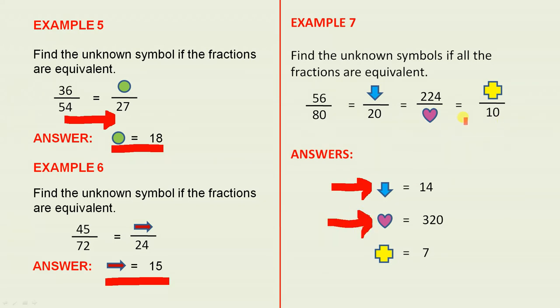And finally, from here right across to here, 80 divided by 8 gives you 10. 56 divided by 8 gives you 7. So the cross is 7.